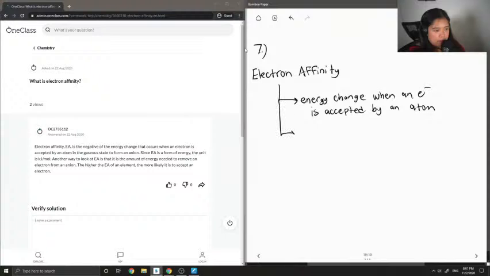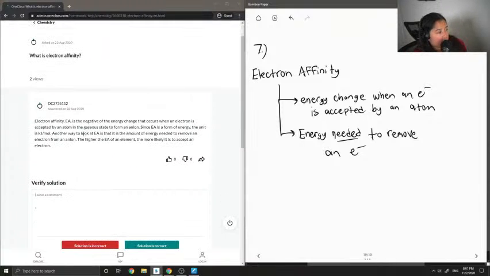So another way we can define it is that it's basically the energy needed to remove an electron.